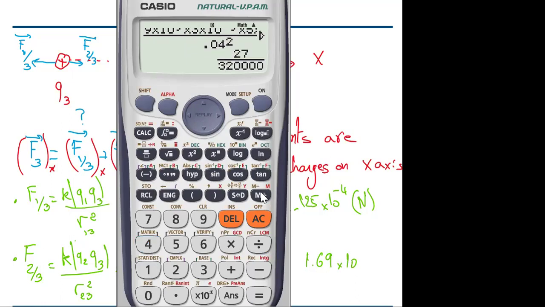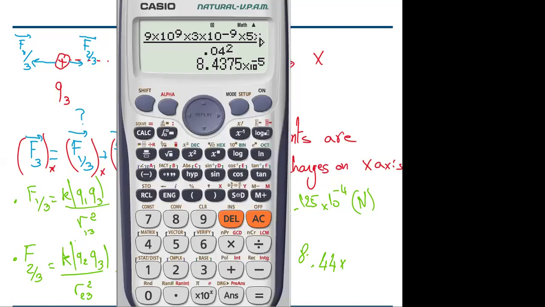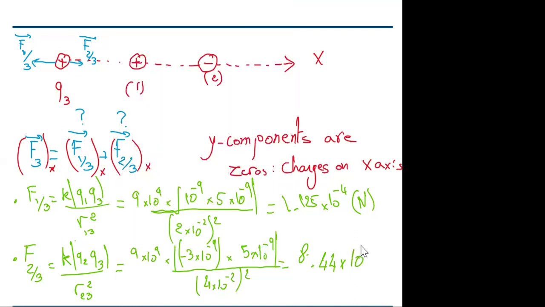And the result is 8.44 times 10 to the power -5 in Newton. Okay, so we got the first force, we got the second force.